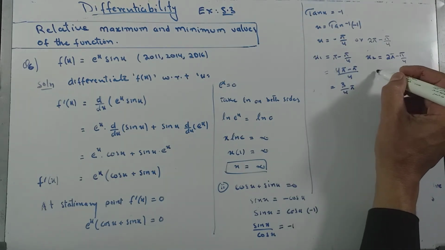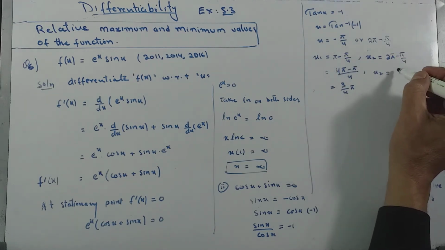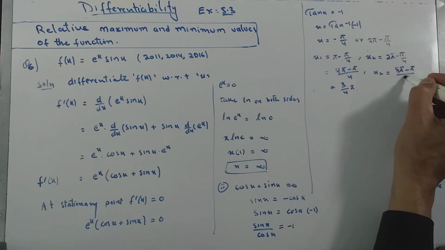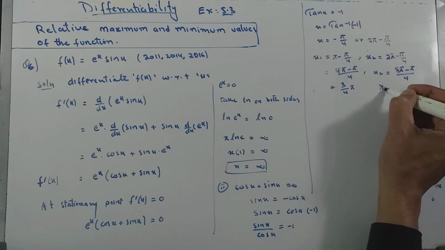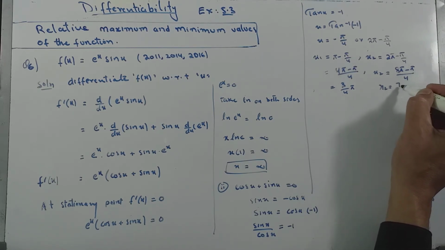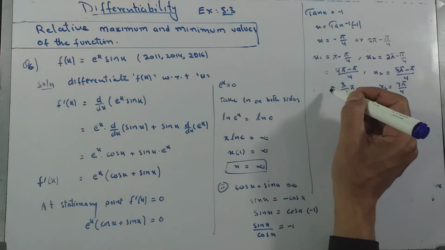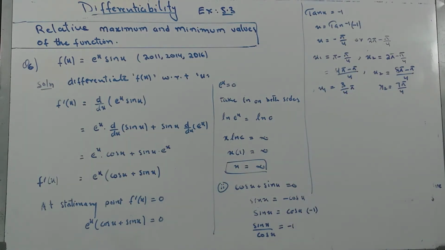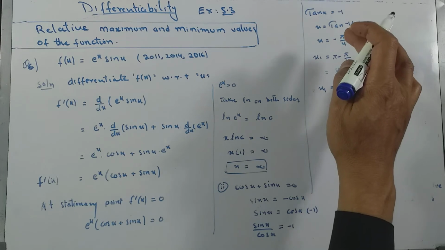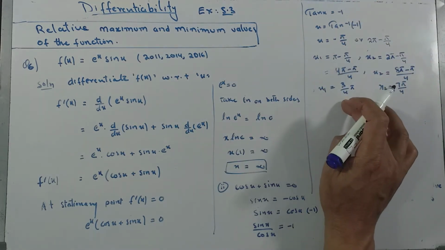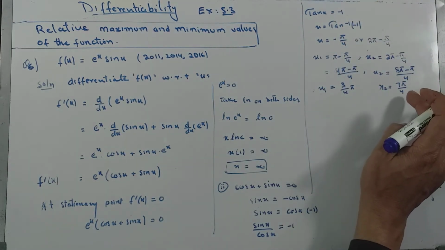And x2 will become 8 pi minus pi upon 4. So x2, 8 pi minus pi is 7 pi upon 4. So we got two values of x for tan inverse: x1 is 3 upon 4 pi, and x2 is equal to 7 pi upon 4.